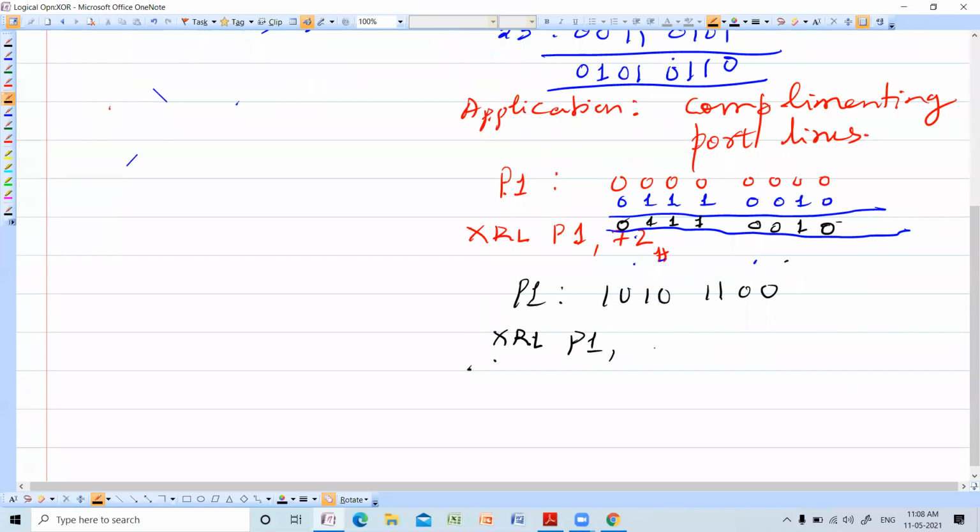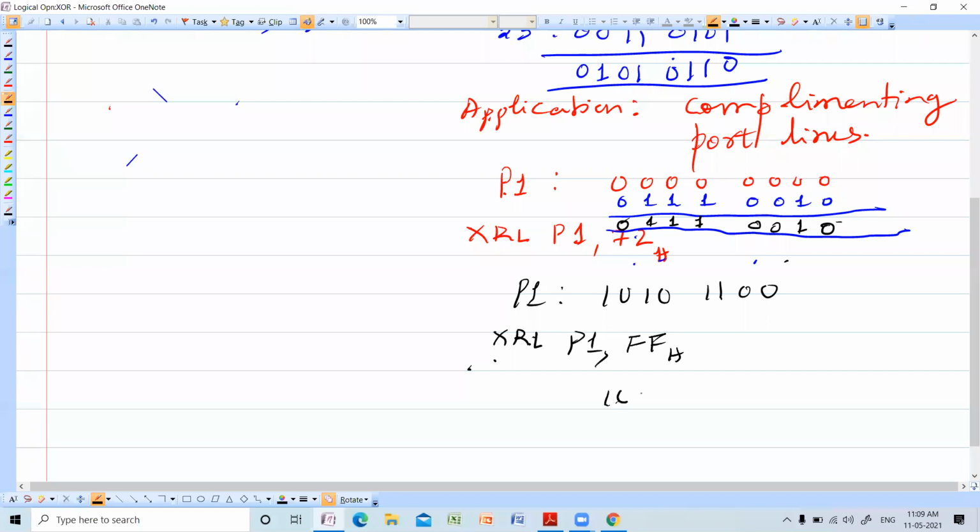Suppose you do it as A2 or ACH, you can see, very interesting. Or suppose you do it with FF, all ones.